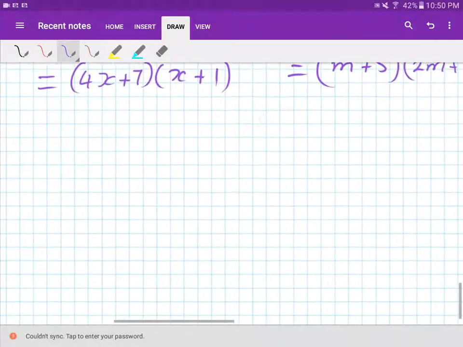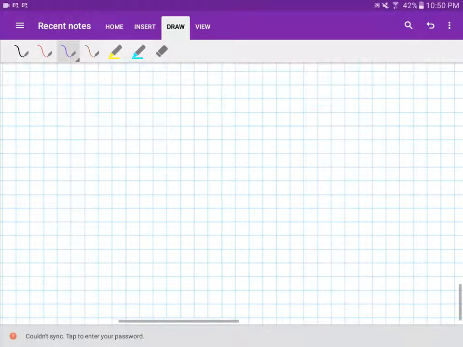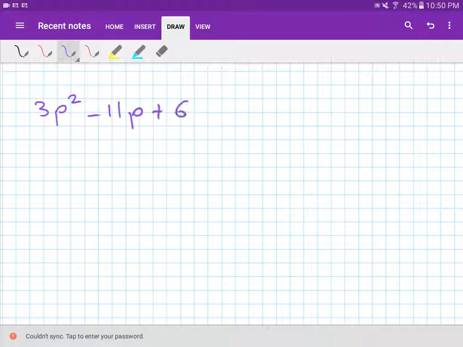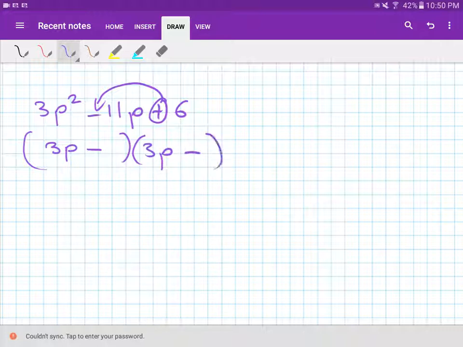Okay? Now, let's move on. Let's say this is 3p squared minus 11p plus 6. Now, because of this plus, we just copy this out. So this is 3p minus, 3p minus, and over 3.